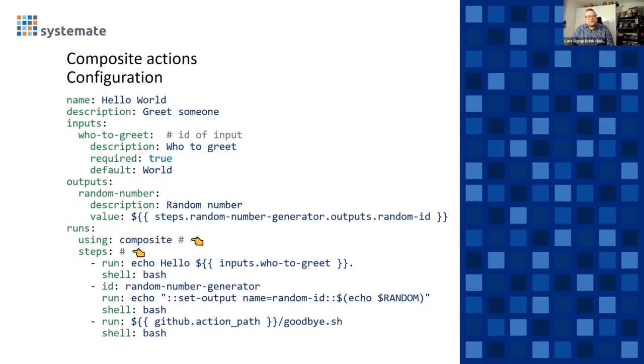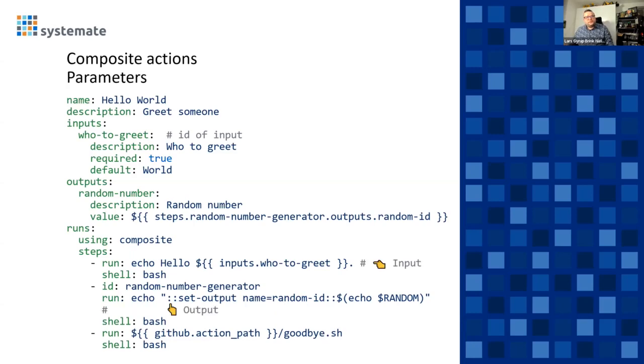Important note here is that we have to specify the shell. Otherwise it won't work. So we have to explicitly set a shell for the run stuff. So here I'm specifying bash. Yeah, and this is what inputs and outputs look like when using the composite action.